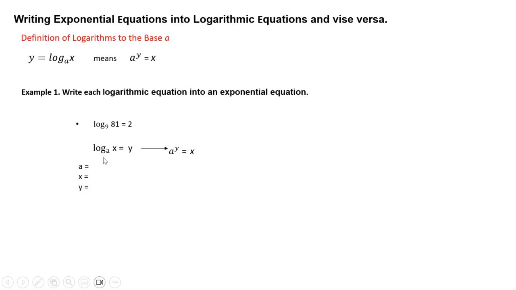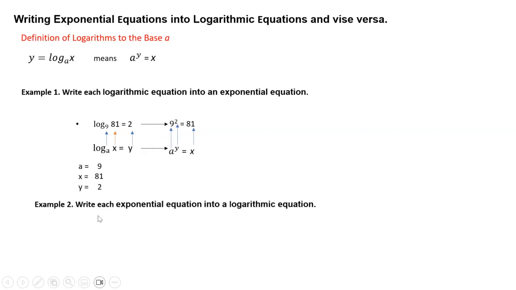So we have to know what the a is, what the x is, and what the y is from the log equation, and then we have to write it into an exponential equation. My a is equal to 9, my x is equal to 81, and my y is equal to 2. It'll be 9 squared equals 81. You see there's my a, there's my y, and there's my x.